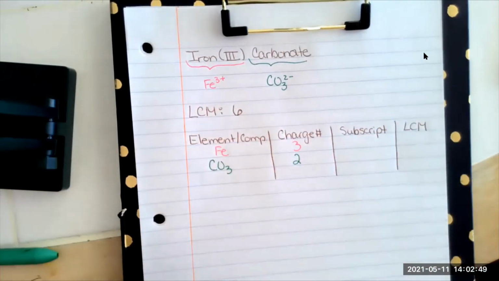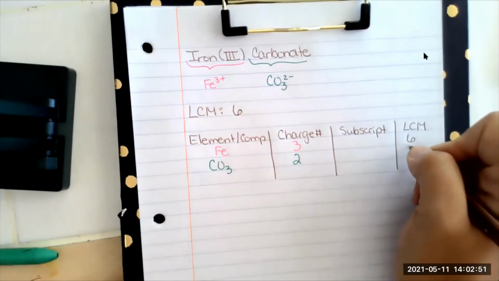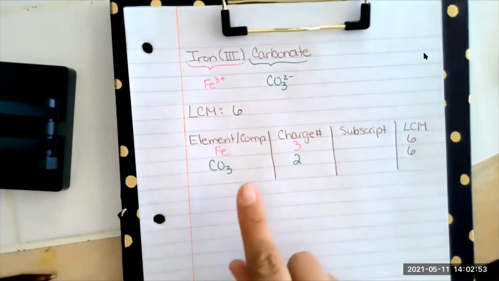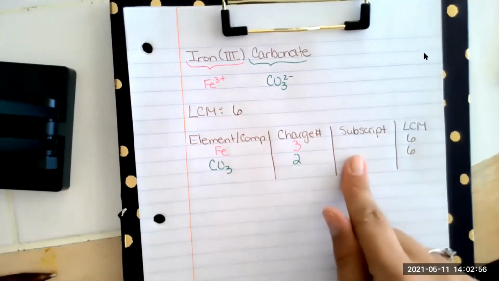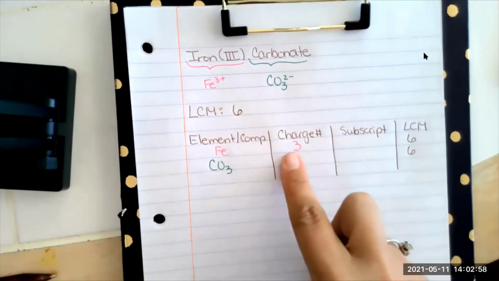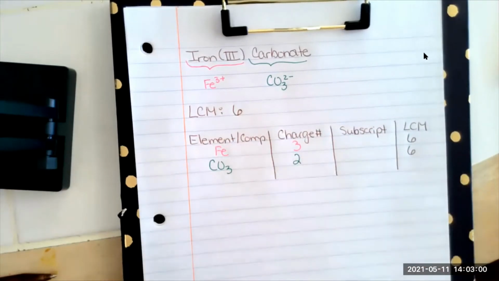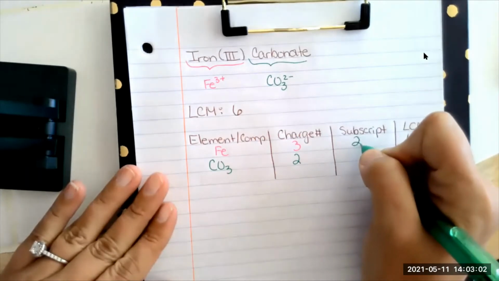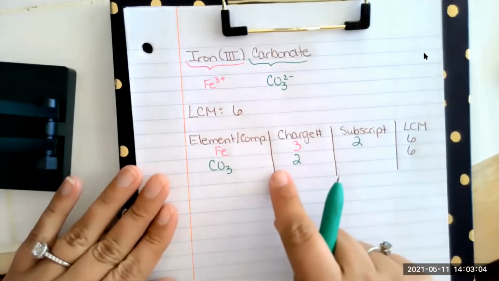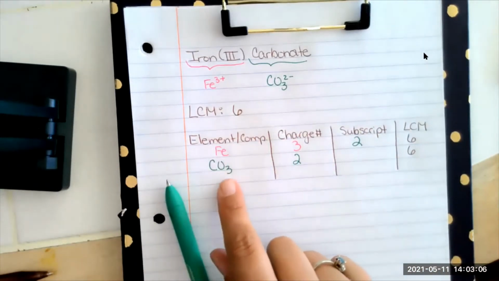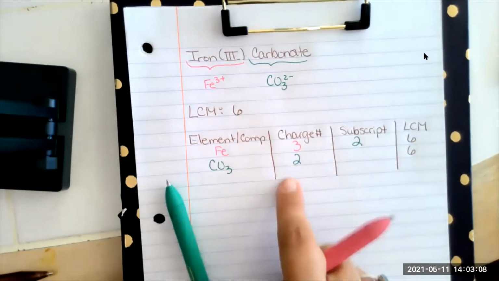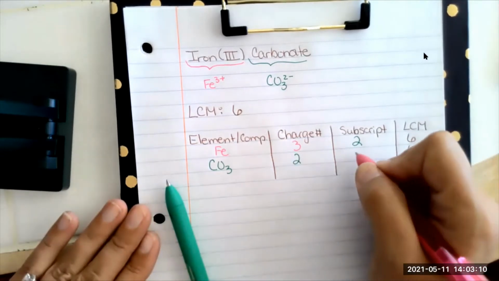Our LCM is 6 for each. So then you ask yourself, remember your charge times your subscript has to equal your LCM. So 3 times what equals 6? That's going to be 2. And that's how the crisscross works. Then for carbonate, 2 times what equals 6? That's 3. That's how the crisscross works.